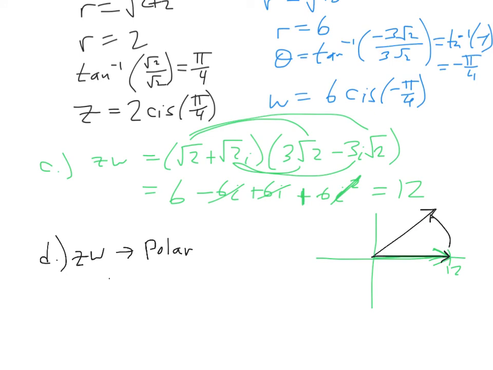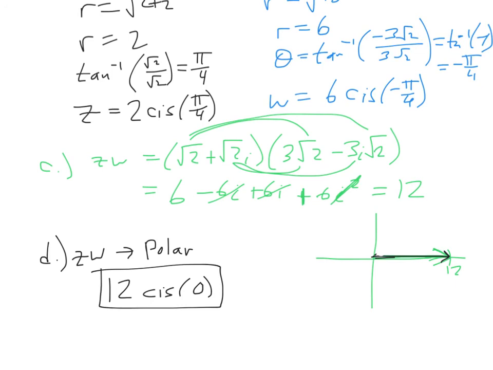We can already tell that this is 12. Can we tell what the argument of this thing is? Remember, we're not looking at this, right? Can you tell what the argument of 12 is? Can you tell what the angle that it makes with the positive real axis is? Yeah, it's 0, right? This is 12 cis 0. And that's essentially the end of the problem.